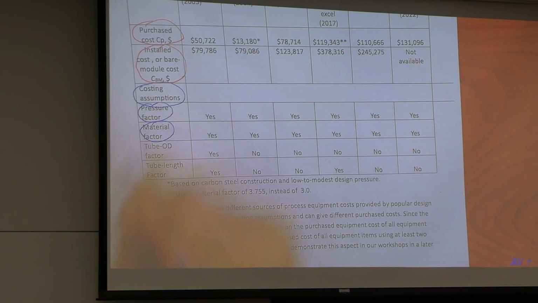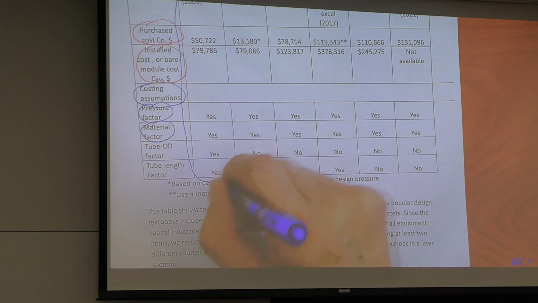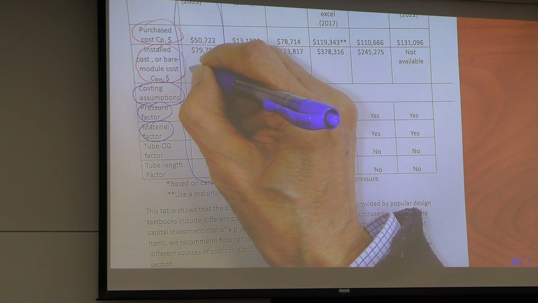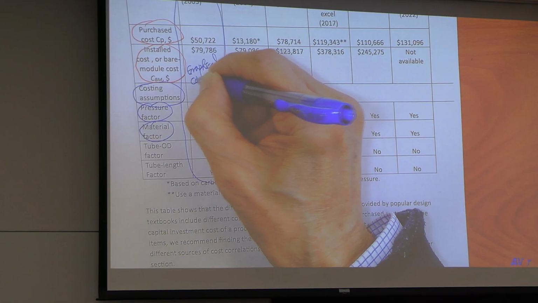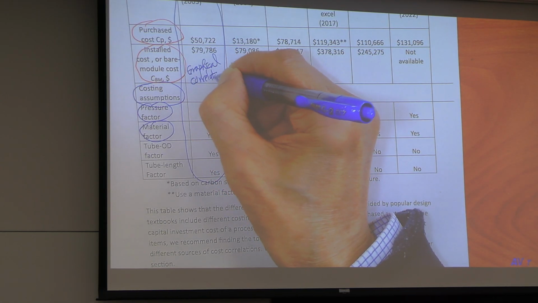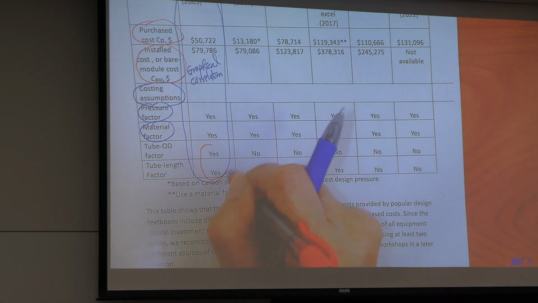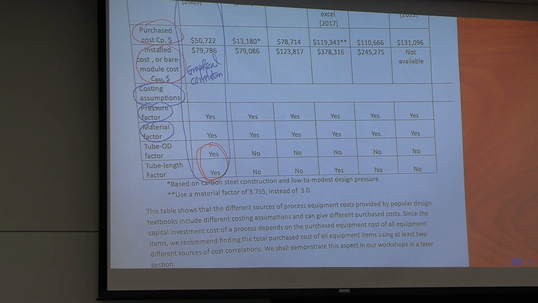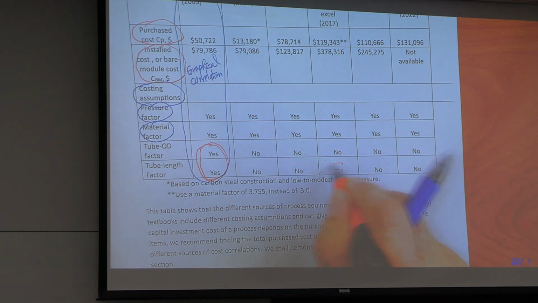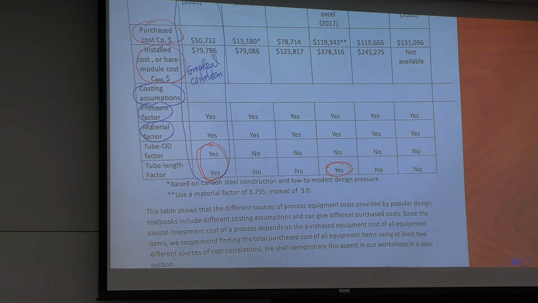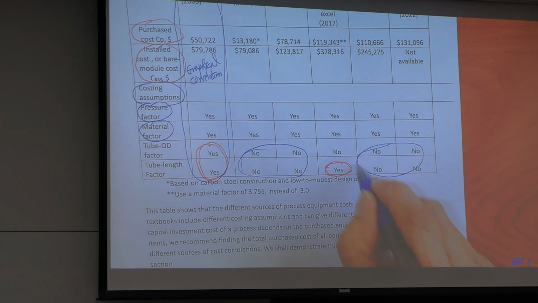Measure material. Peters Timmerhaus, that's graphical. Include tube length factor. You can include it; all the others do not have it.